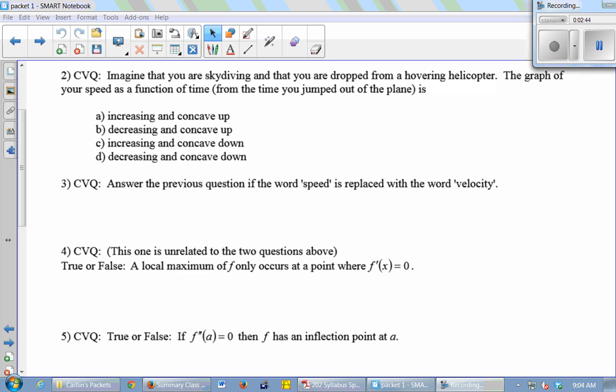Okay, so if we're taking air resistance into account, then you actually fall faster at the beginning, right? You're going faster and faster and faster as you fall, but at some point, air resistance is going to equal out.